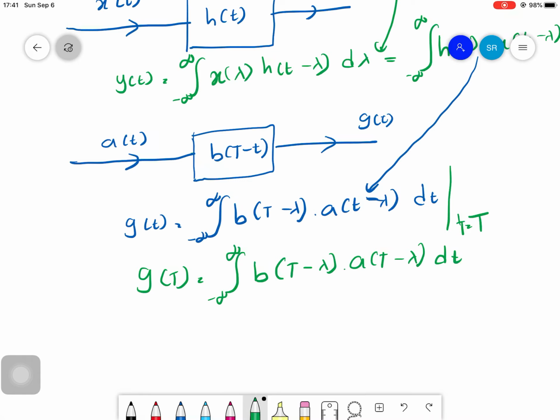So I can implement this scenario as a linear time invariant system.